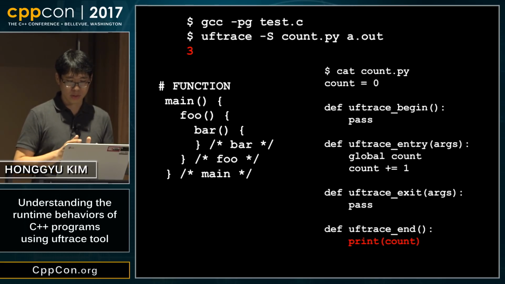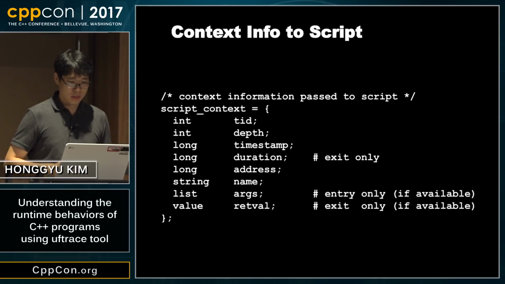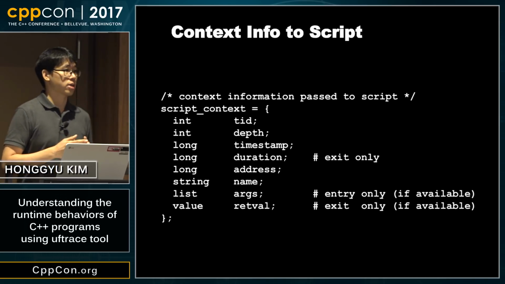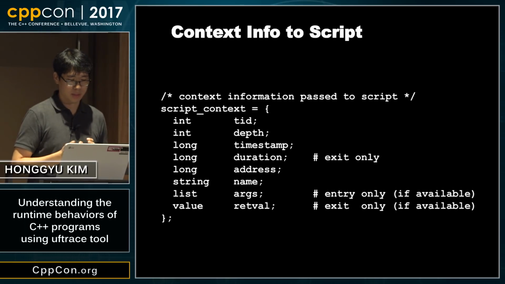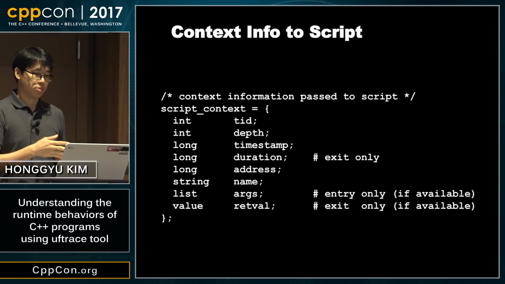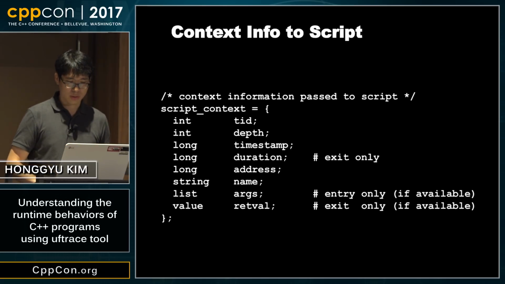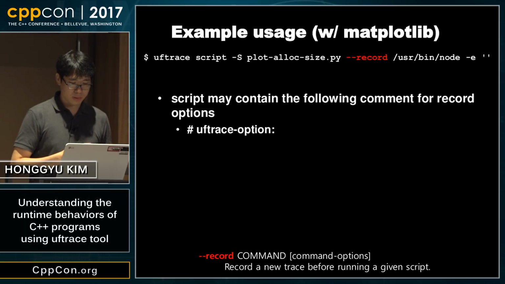Here, uftrace entry and exit accept arguments. The arguments can contain this kind of information: thread ID and call depth, timestamp, function execution time, address, symbol name, and some specific arguments and return values. So there's another example.